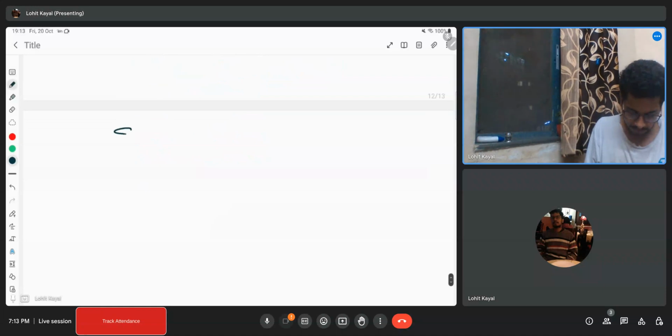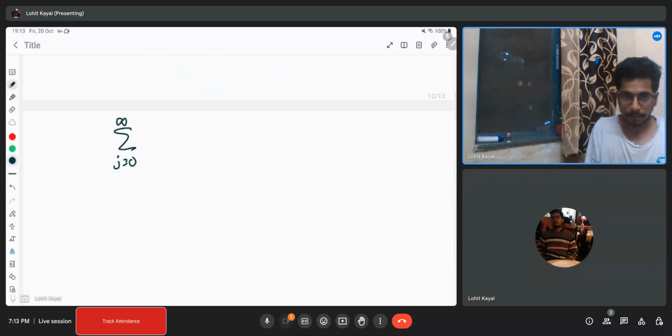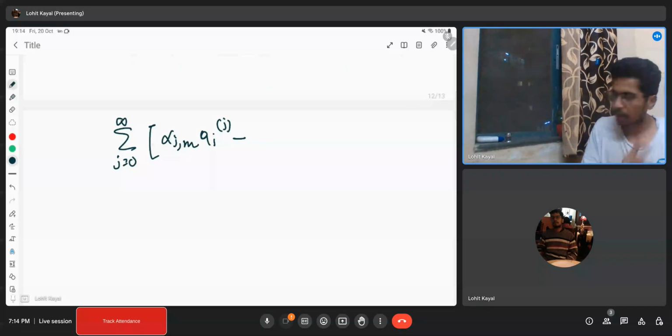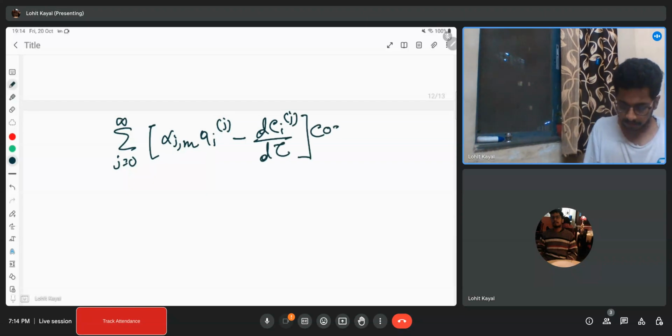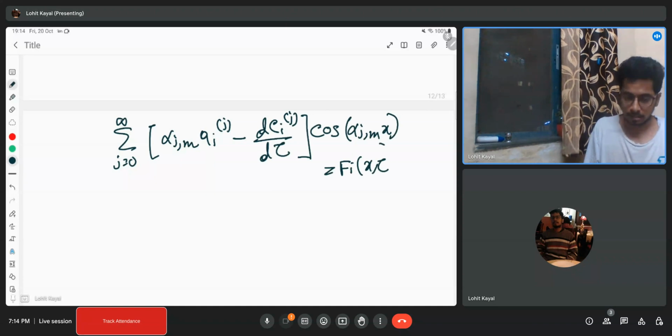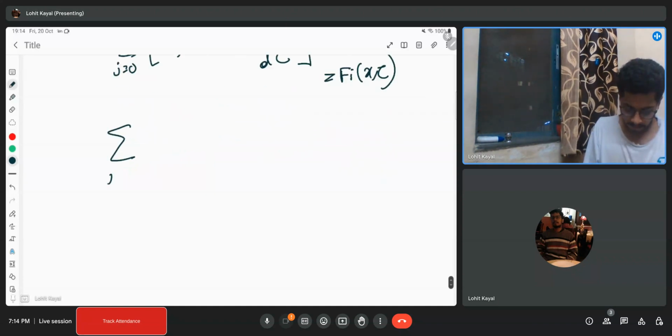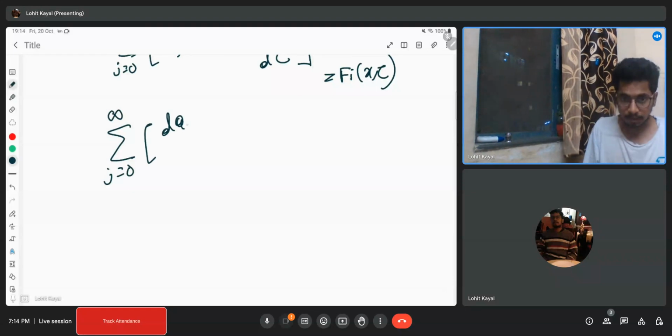One equation is the sum from 0 to infinity of α_jm a_ij minus dc_ij/dτ, times cos(α_jm x), is equal to a function of x and τ, and another will be the sum over j of da_ij/dτ.